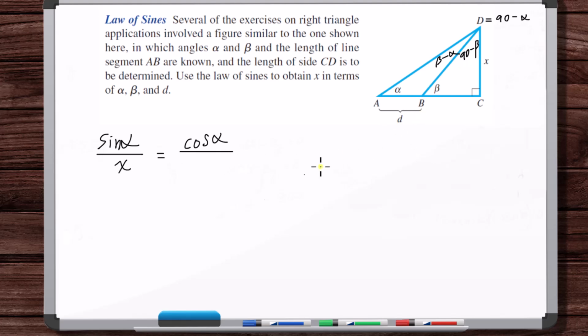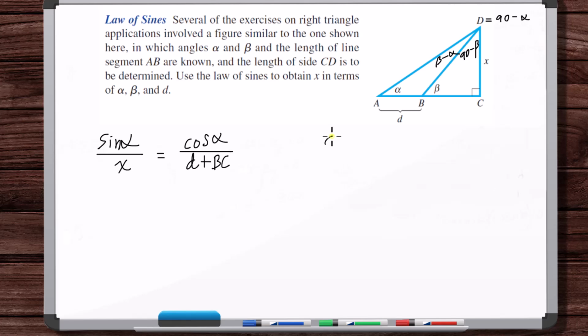over d plus BC. So again, sine of alpha over x is equal to sine of 90 minus alpha, which is cosine alpha, over this side length. Now let's do the law of sines on this right triangle.